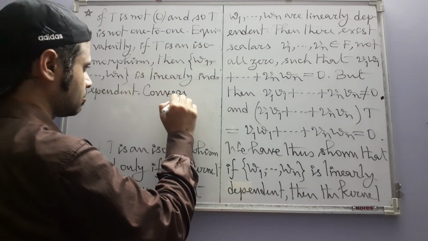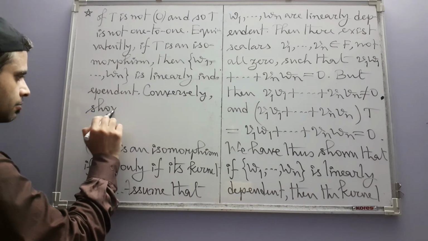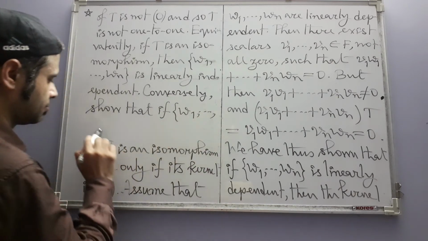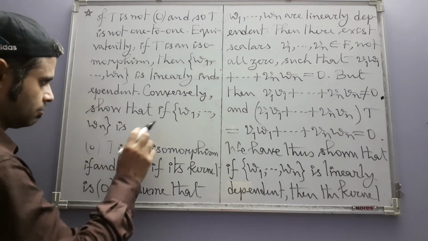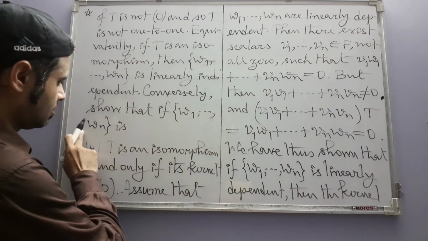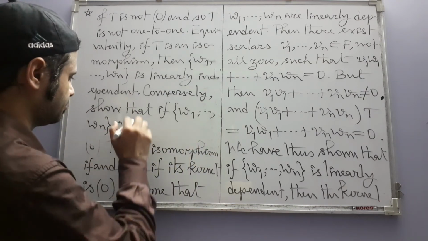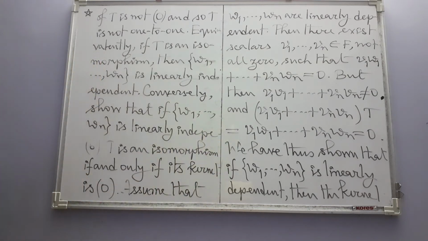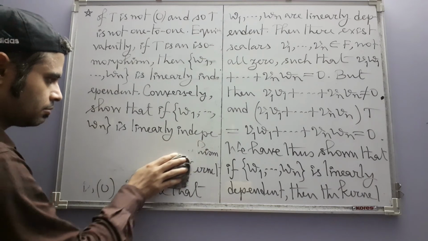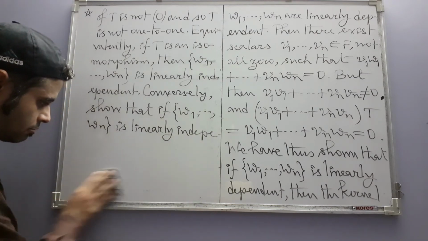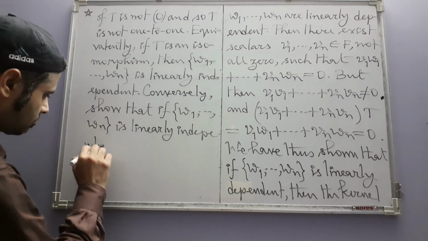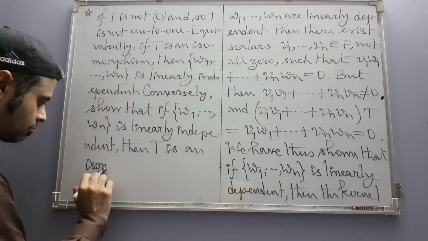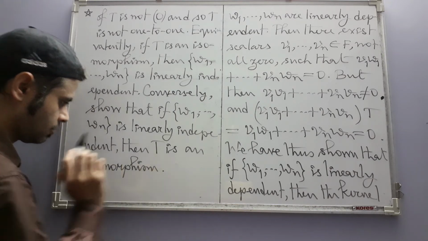Conversely, show that if this set is, you may not decide to write it as a set, you may just list the vectors, then in place of each you have to write the w's, are linearly independent, then T is an isomorphism.